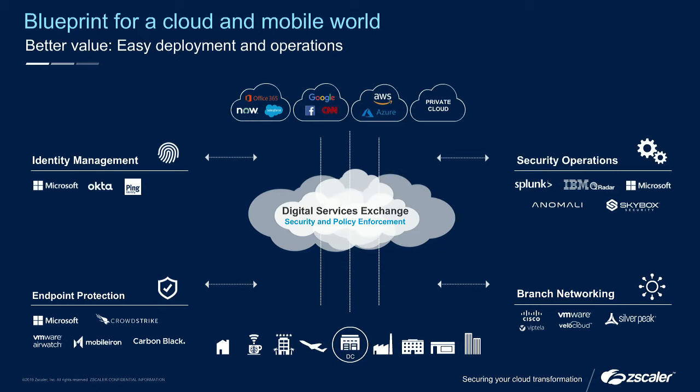But when you look for SASE, when you look for moving your security to the cloud, you want a vendor who has the ability to do interoperability for things that they themselves don't necessarily handle. So when you talk about users, remote users, mobile users, they're still going to have endpoints and you're still going to need endpoint protection. So it's important that you work with vendors who have the ability to interoperate with various providers like CrowdStrike and Carbon Black, for instance.